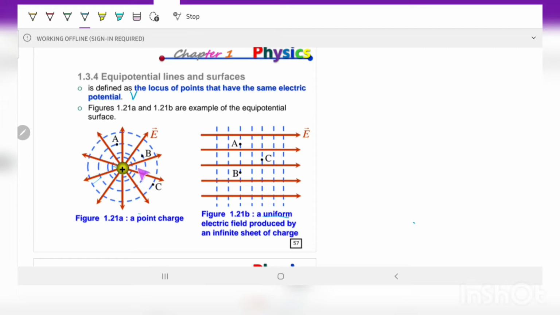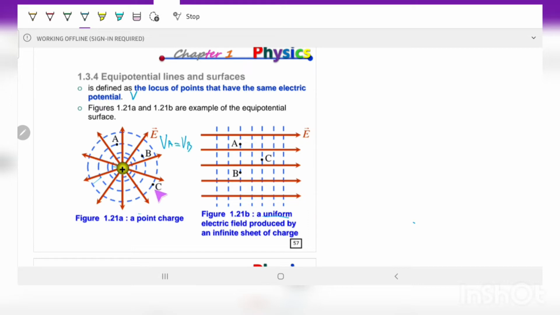So equipotential lines bermaksud menunjukkan dia punya strength jugalah, kekuatan, dan juga dia punya potential. So kalau berada pada point A dan juga point B, since A and B berada pada equipotential line yang sama, so equi itu maksudnya equal, potential lah V. So maksud dia berada pada equipotential yang sama, VA dan VB, so VA sama dengan VB.